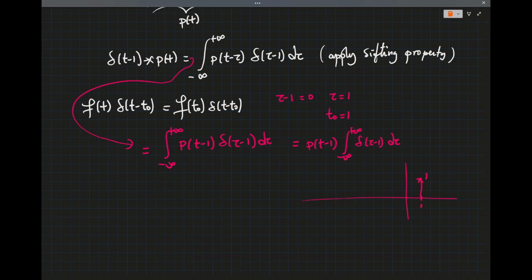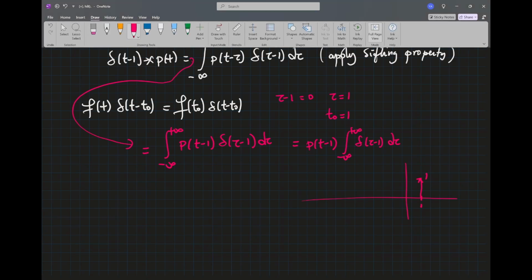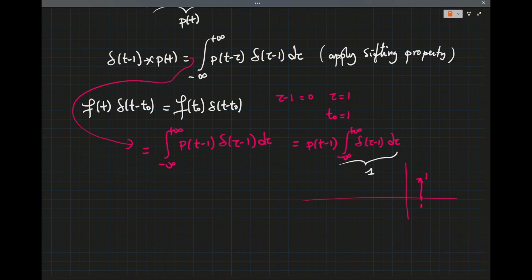So when we integrate that, what do we get? The area under the delta function, which is 1. So that means delta t minus 1 convolved with p of t equals p of t minus 1.